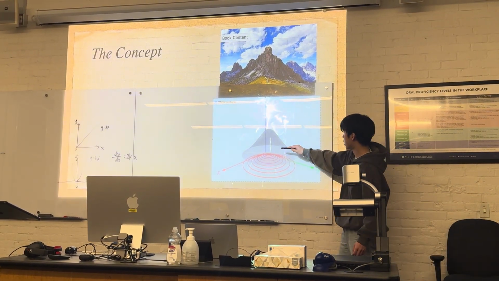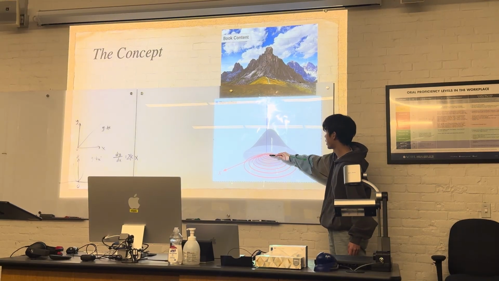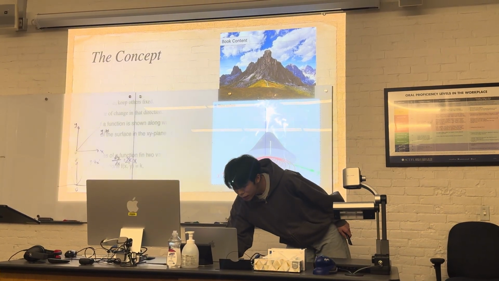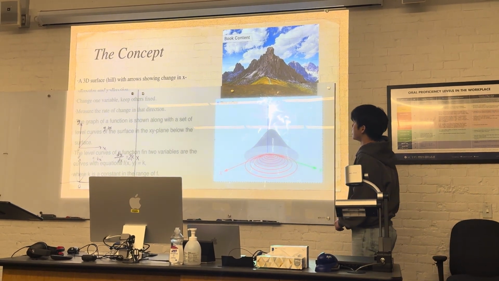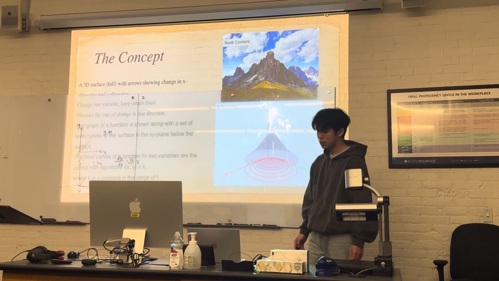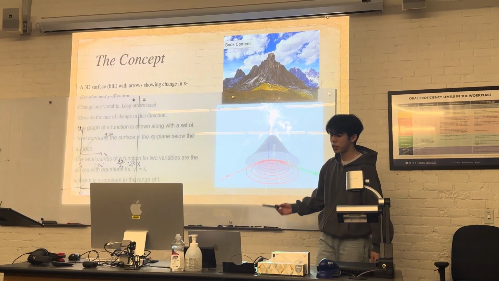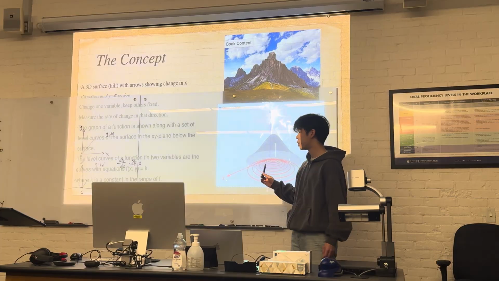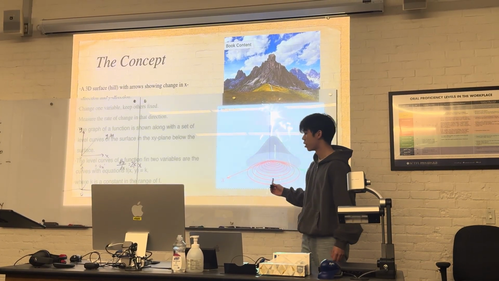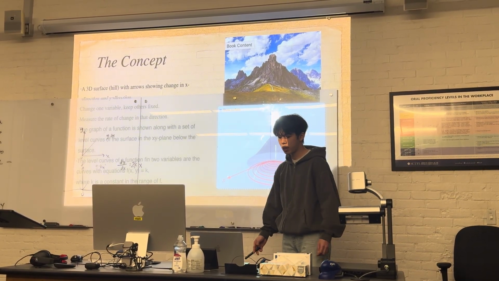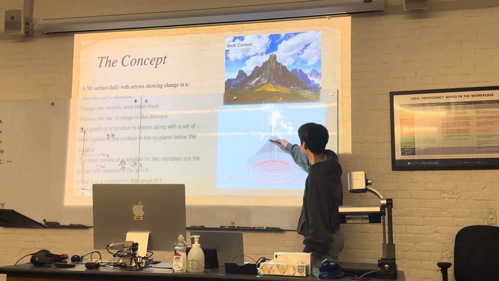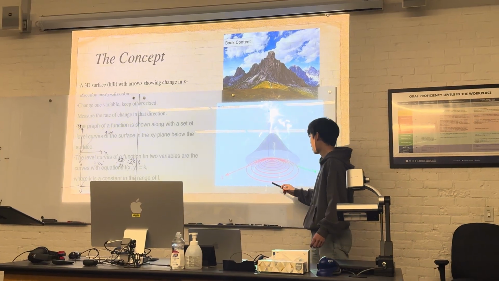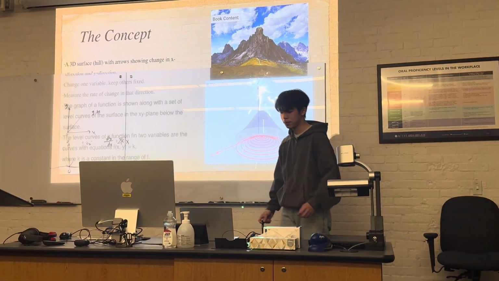So you can see it changes just like a hill going up and down. This is a three-dimensional surface with arrows showing change in the x direction and y direction. And when you change one variable, the others will also change. And the level curves mean that when z is constant, there are always constant x and y.